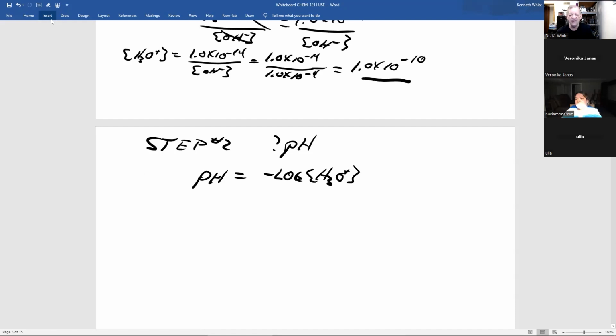We just calculated that right here, so I'll put that in. And remember my special gift. Shh, don't tell anybody, I'm being nice. But when the hydronium ion concentration, H3O plus, is 1.0 times 10 to the minus x, the logarithm is x. In this case, minus x is minus 10, x is 10, the pH is 10.